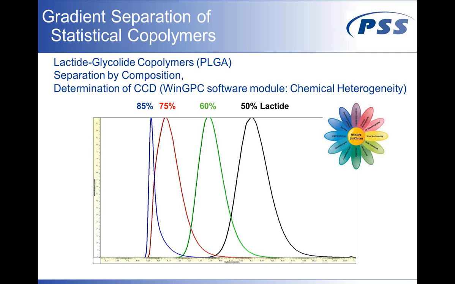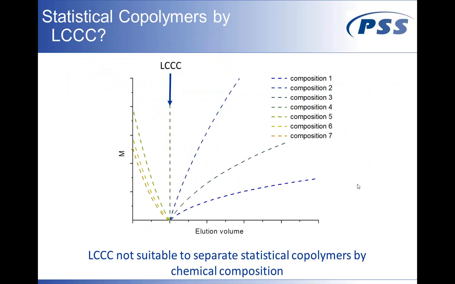Even if the average composition might be 50% lactide, you will certainly have chains which have, for example, 55 to 60% lactide, and you go down to what might be 40%, 35% lactide on the other end. So here in the copolymer you have heterogeneity, in the homopolymers not, and then it's quite obvious that the peaks should become broader in the intermediate compositions than at the edges where you have the homopolymers.